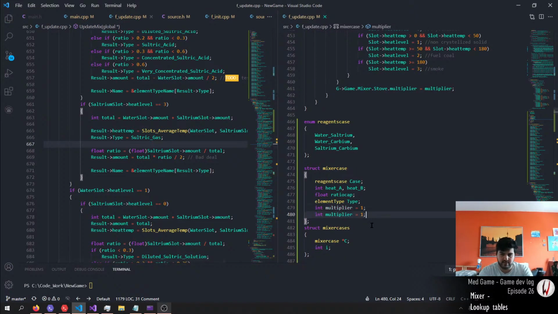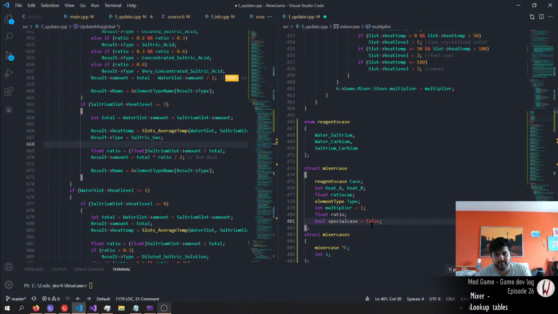Let's say int multiplier and here float ratio. I only need the ratio if it's a special case, so here bool special case equals false.